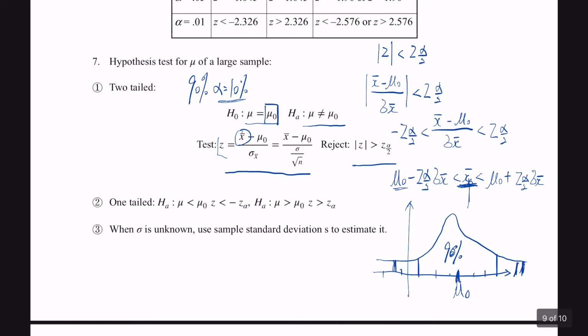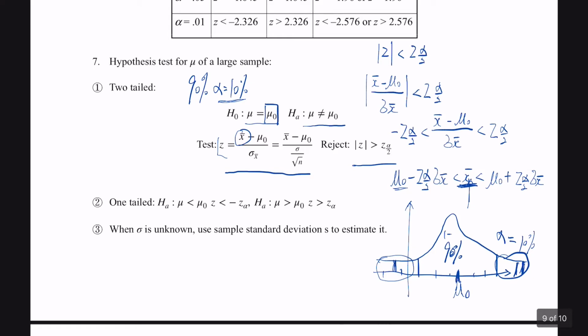So what is the probability of the type 1 error? It's the probability that our sample mean lies in this region and this region. How much is that? It's 10% because this is 90%. Then here is 10%. So that's why the probability of type 1 error is equal to alpha.